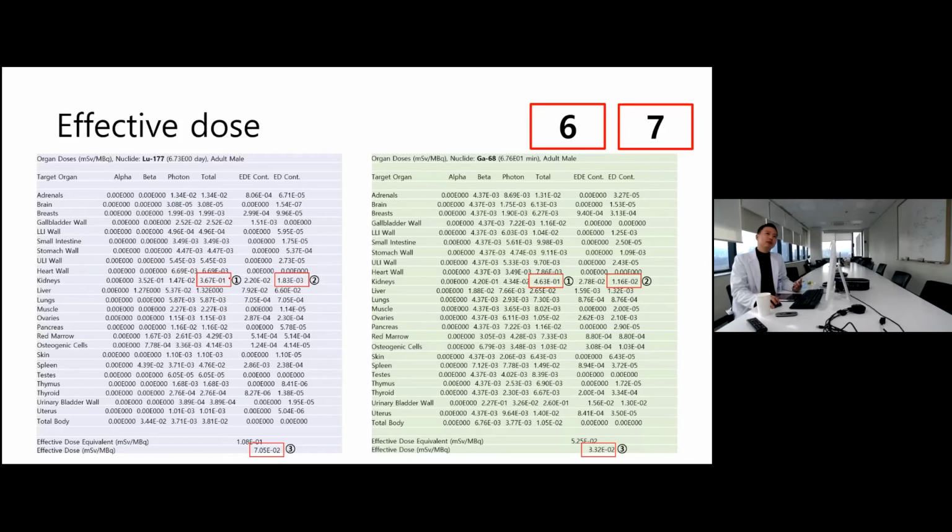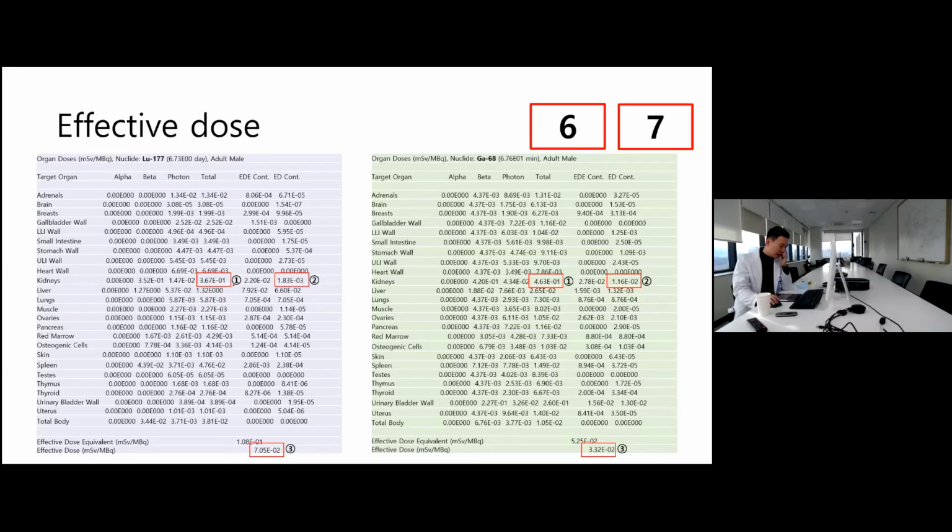So the unit here should be 0.37 milligray per megabecquerel. And since this is the effective dose, it should be in millisievert per megabecquerel. But what I think is more important for the lutetium therapy is the result of the absorbed dose.